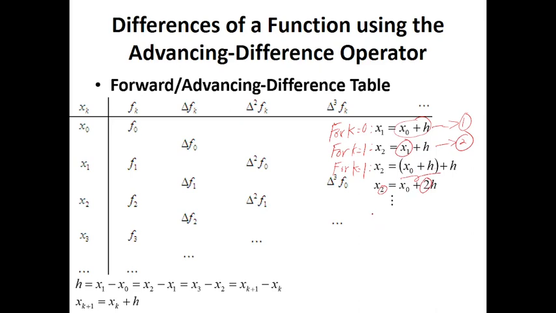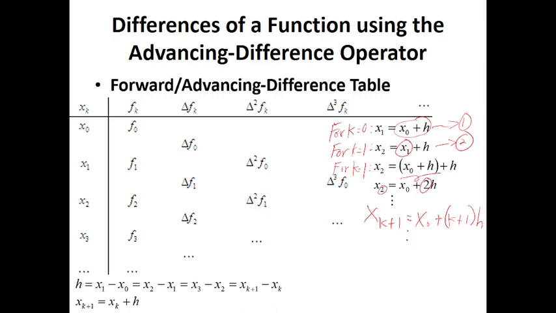We know that this is x sub k plus 1, which is now equal to x sub 0 plus, so 2 and 2. If this is k plus 1, this is also k plus 1.